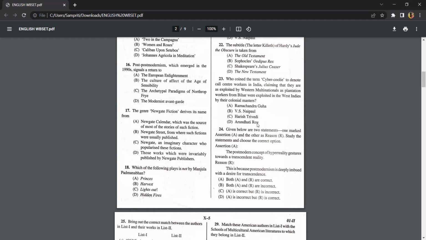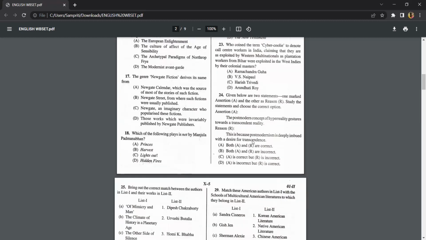It's not Arundhati Roy. Ramachandra Guha is more related to environmentalism and eco-criticism. Harish Trivedi might be the answer, and I cross-checked from Google. So option C, Harish Trivedi, is the answer. He coined the term cyber coolie.